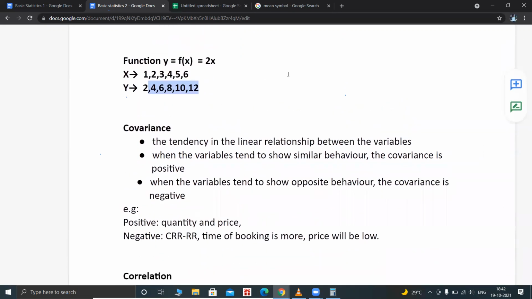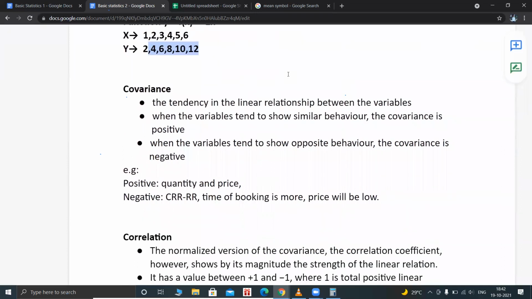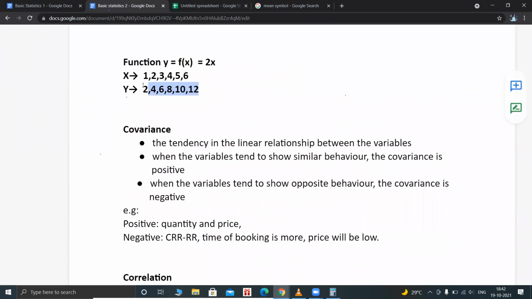I'll tell you the procedure. So the mean of x is 3.5. Now, what is the mean of y? Is it 7?